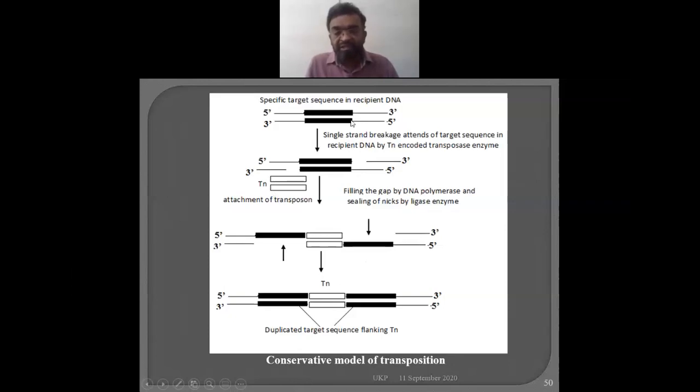The blunt cut and staggered cut I will explain in a coming lecture, but you should just keep in mind that whenever one strand is cut at one position and the other strand is cut at another position, this is referred to as a staggered cut. And when both are cut at the same position, one cut here and another cut here, that is referred to as the blunt cut. In that sense, in a staggered cut, one cut is here and another cut is here.